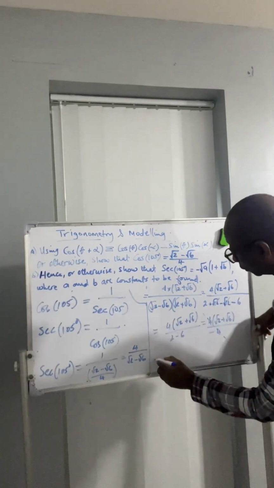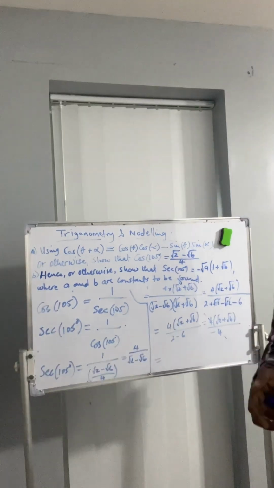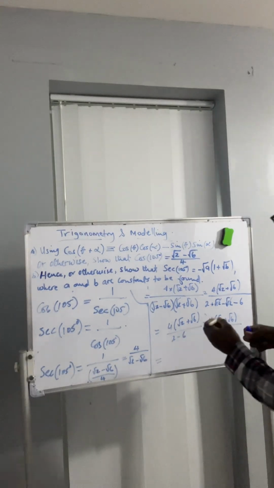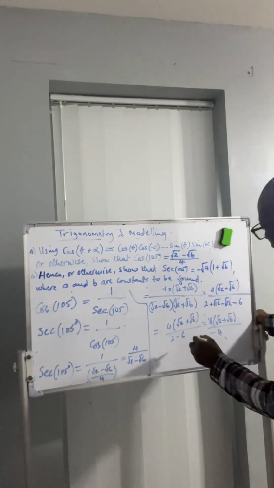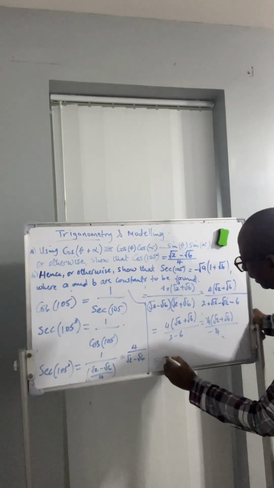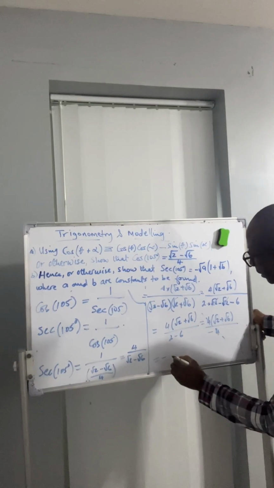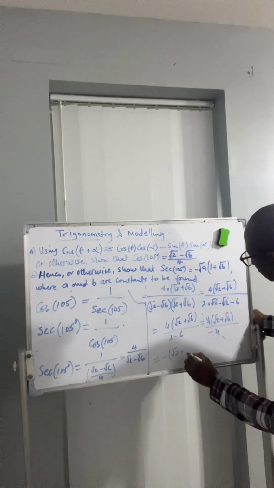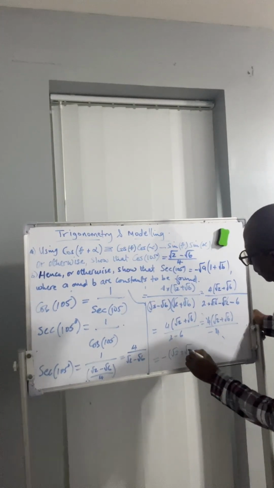So which means your equation now becomes minus into root 2 plus root 6.